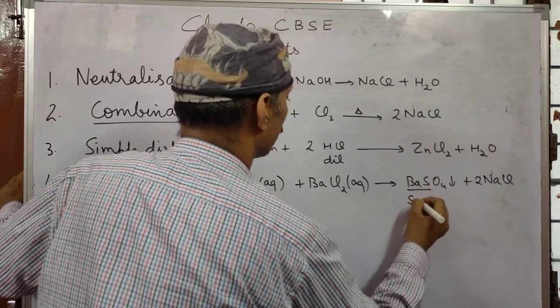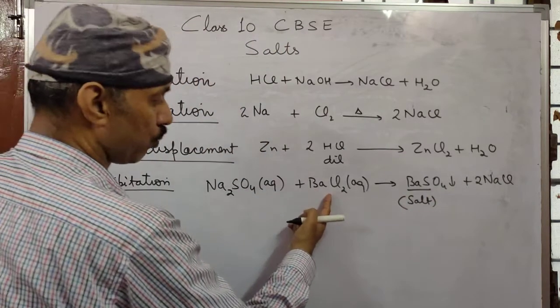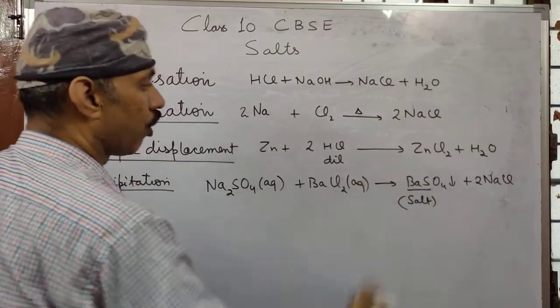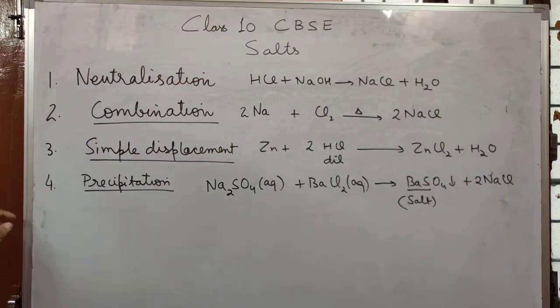This is also a salt. So you add salt 1 to another salt 2, you get the third salt and you also get the fourth salt. So this is precipitation reaction.